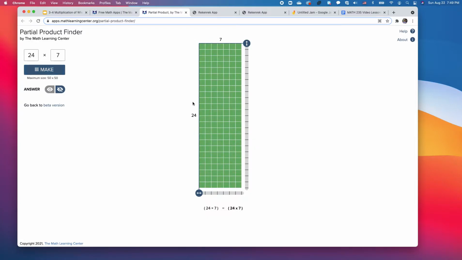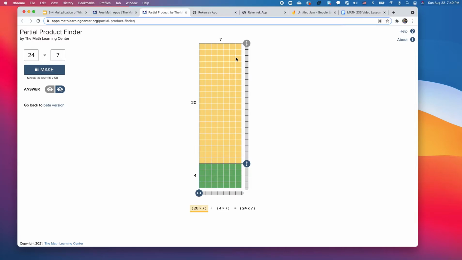Let's make it. So we have 24 times 7, but what I'm going to do here is make this into 20 and 4, because 20 is easier to multiply by 7 than 24 times 7, right? The reason I'm decomposing 24 is just to make it easier. It's still the same rectangle, right?